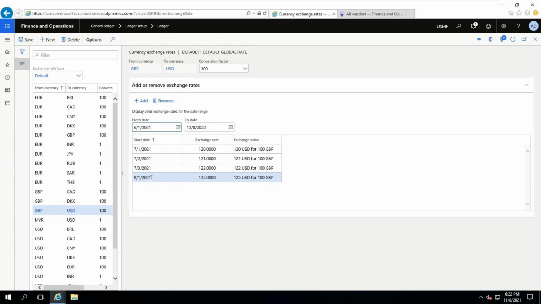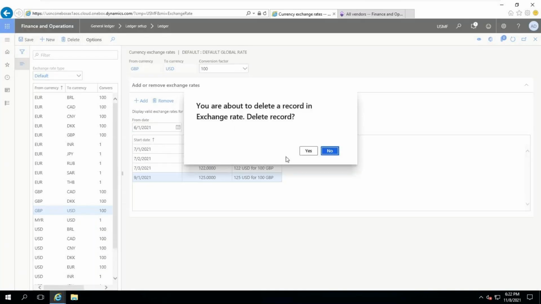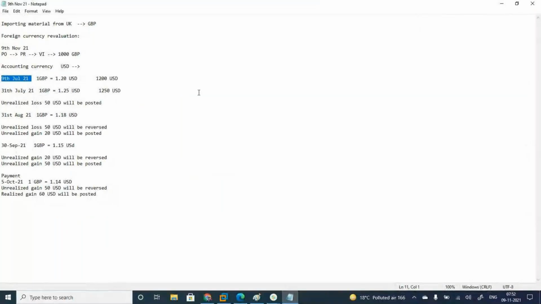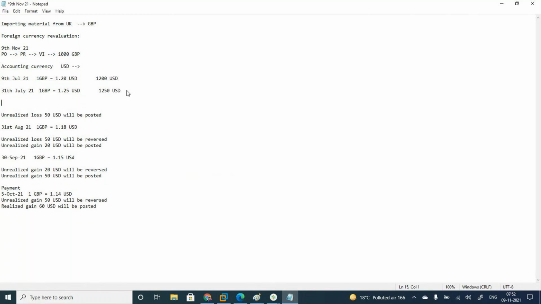So you can enter exchange rates, whatever you want. But even though it is entered, consider that on 31st July the CEO or CFO of the company will generate a report in the first week of August, maybe the 3rd or 4th of August.